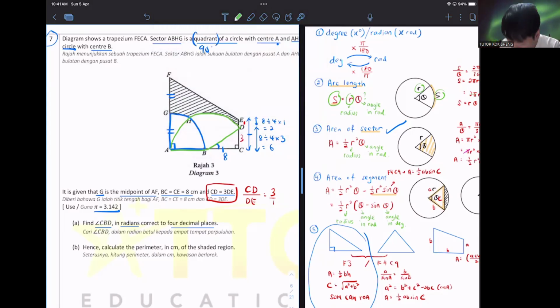To get the ratio, you bring the DE over there to divide. That's why you get this working here, and the right side is left with 3, which is 3 over 1. That's why the ratio CD to DE equals 3 to 1.